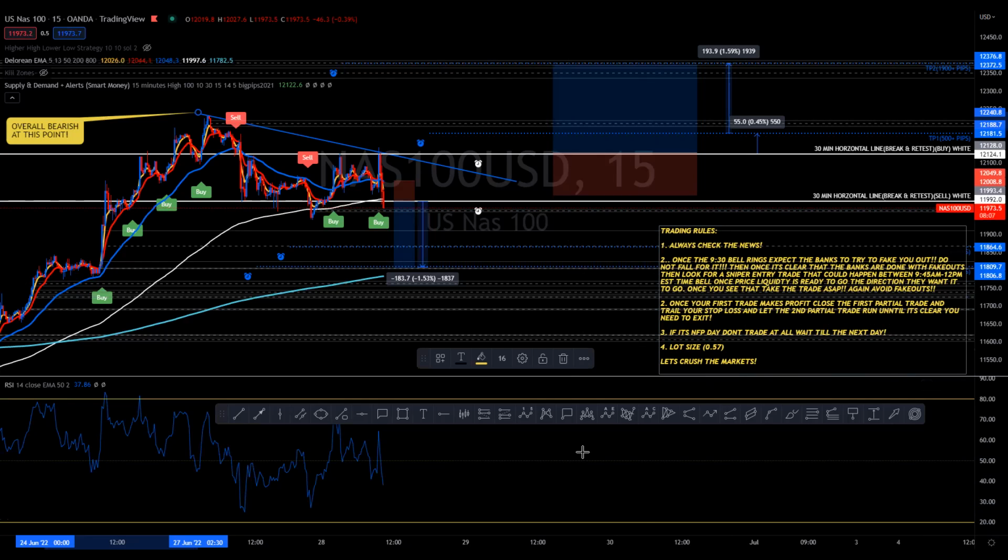There we go. It's retracing up, keeps going back, but I think it's going to sell. We went a little too quick, a little too quick.